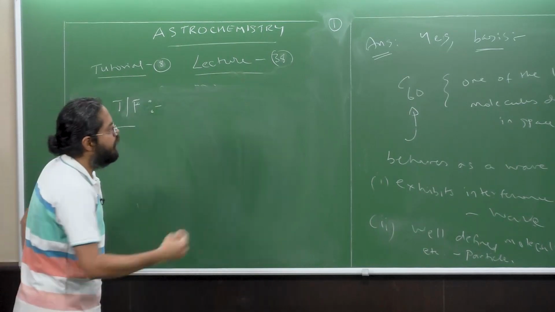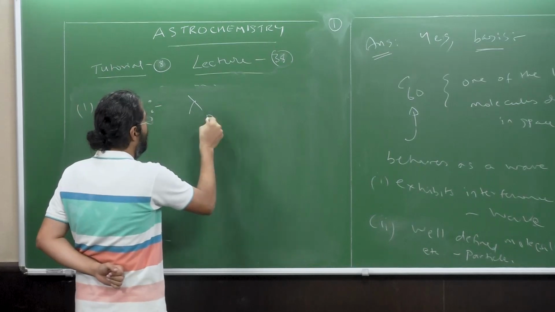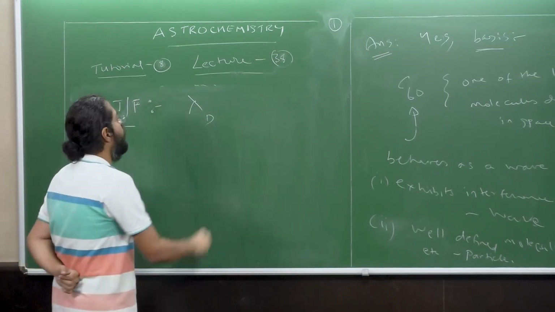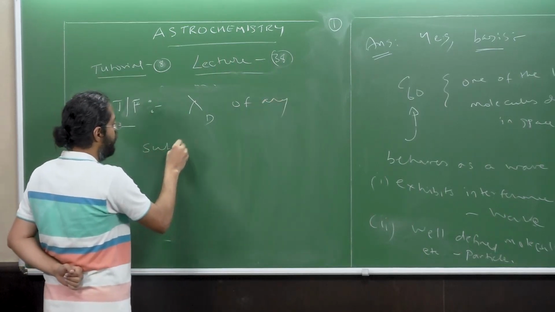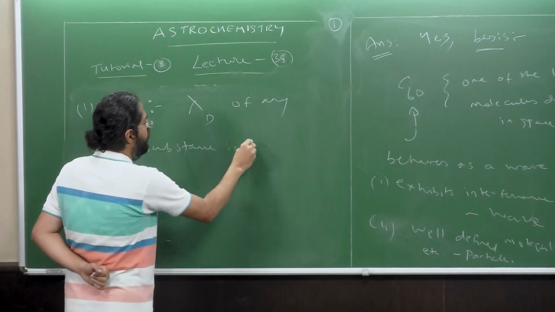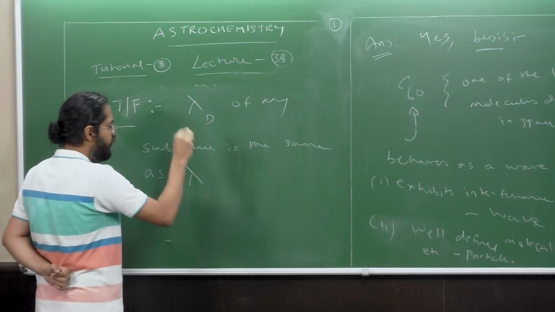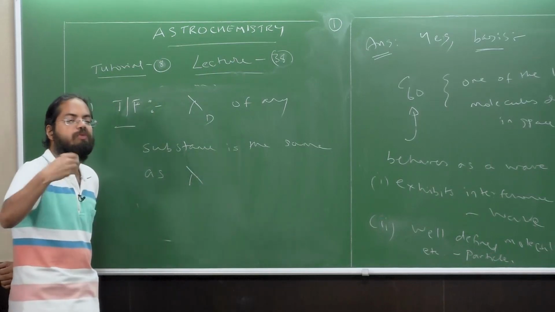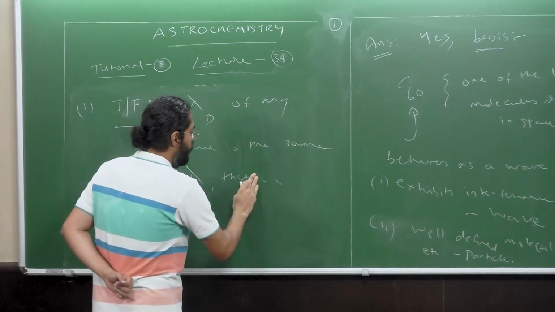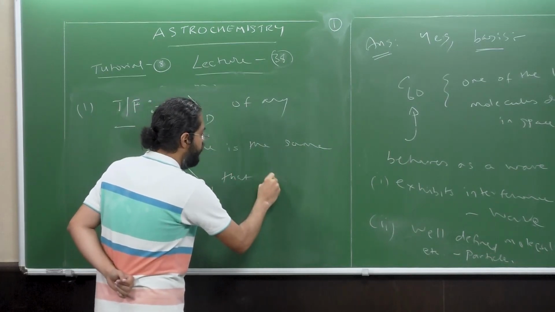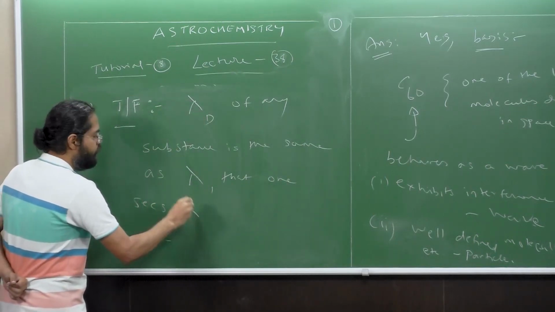The statement is that the de Broglie wavelength, which I'll call lambda dB, of any substance is the same as lambda, the traditional wavelength that one studies, that one encounters in waves.